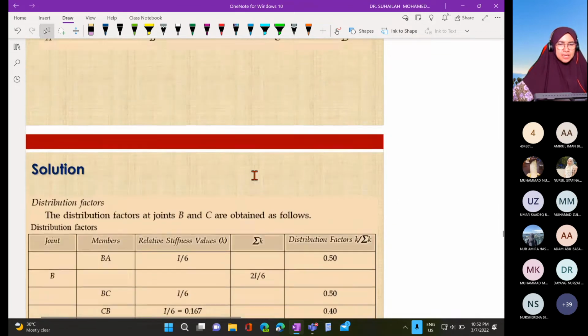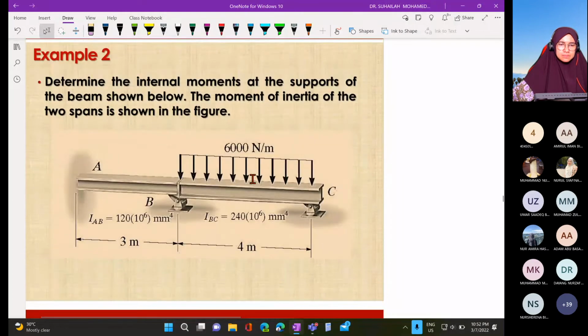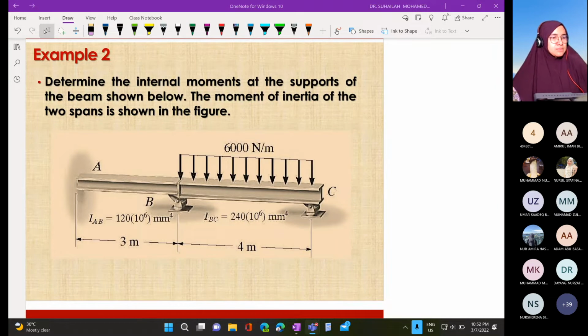Before we end the session, any more? Okay, this is quite important because your final assessment will be taken from topic number 1 and topic number 4.